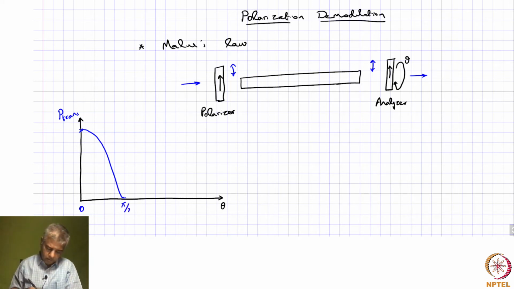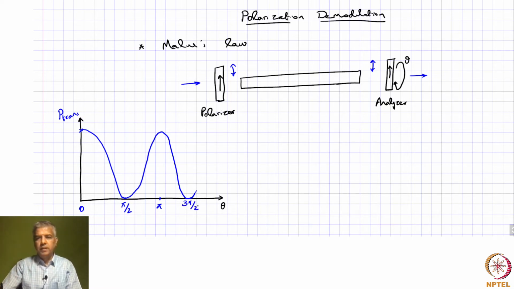This happens at pi by 2, and then if you keep going further, it will go to a maximum and then a minimum and so on. So this is at pi, and this is 3 pi by 2 and so on.